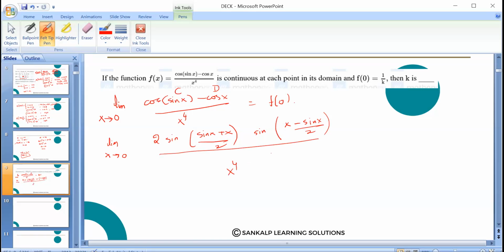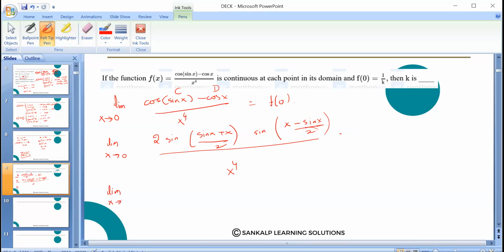Denominator is x power 4. Still, how can you simplify this?